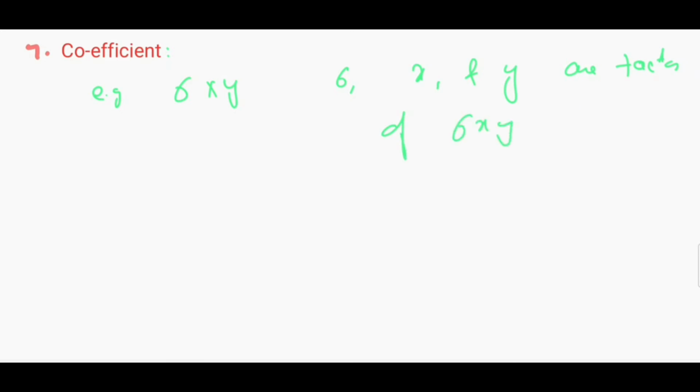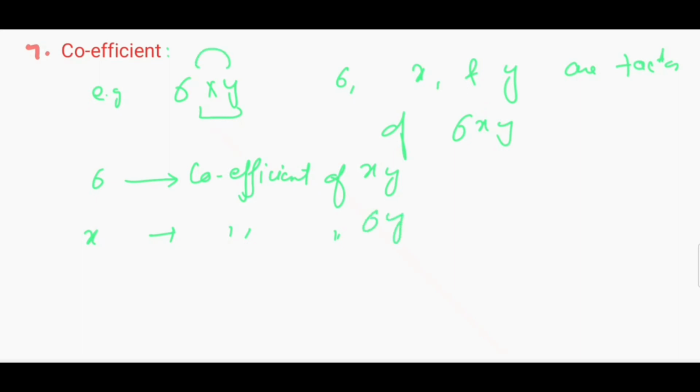Here, taking the factor 6, we can say 6 is the coefficient of the remaining part of the monomial, meaning the remaining part is xy. Similarly, x is the coefficient of the remaining part, 6 and y.